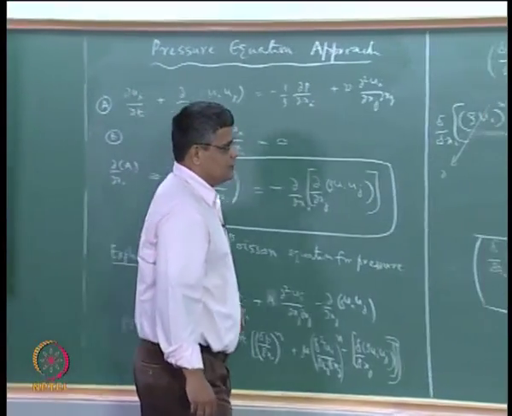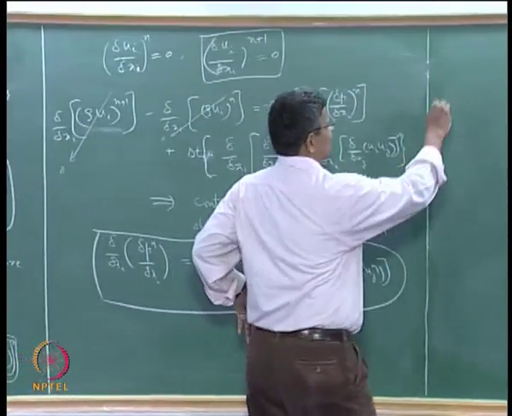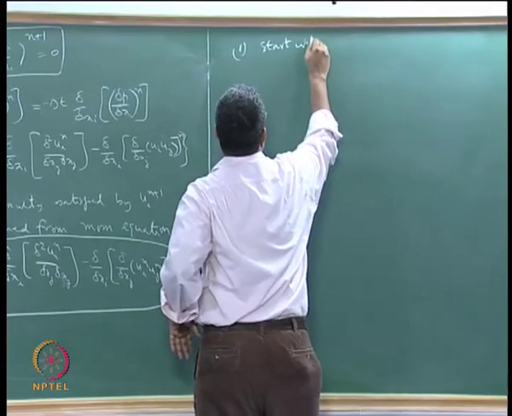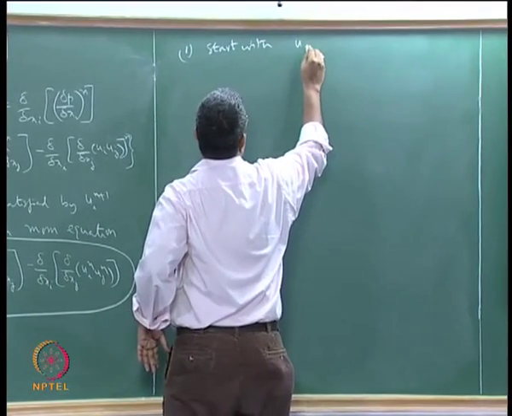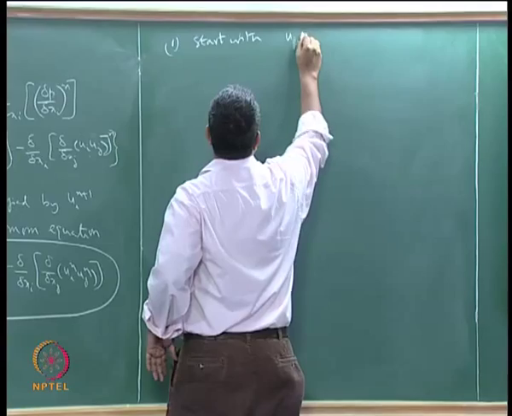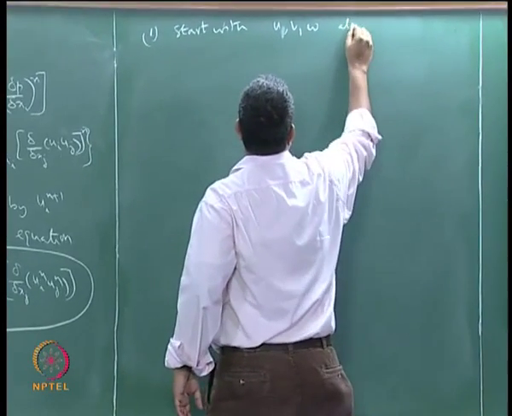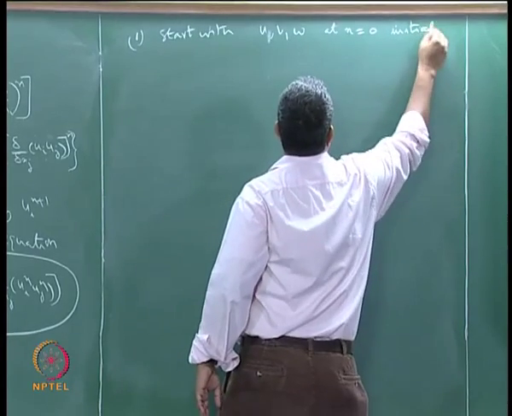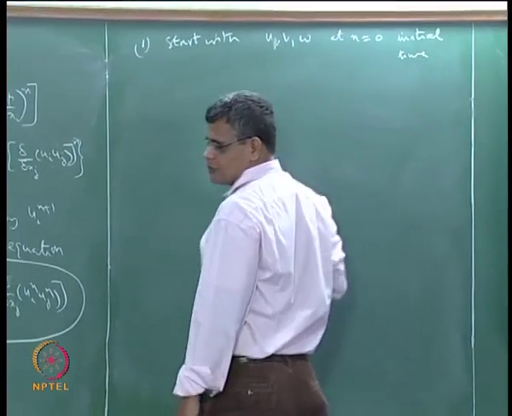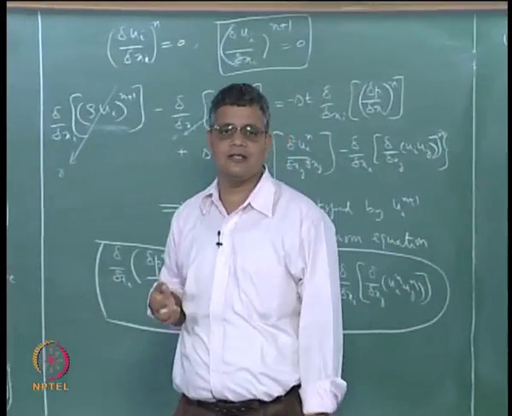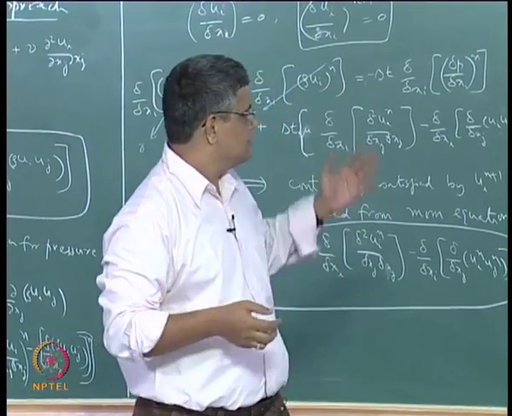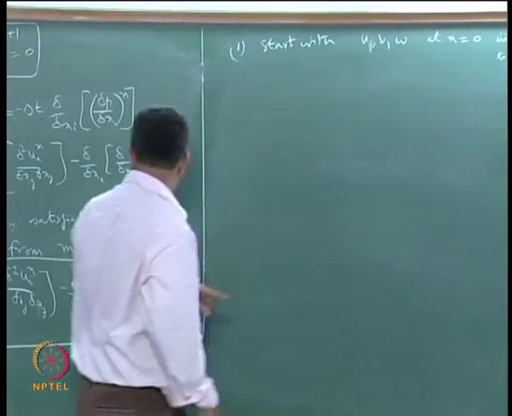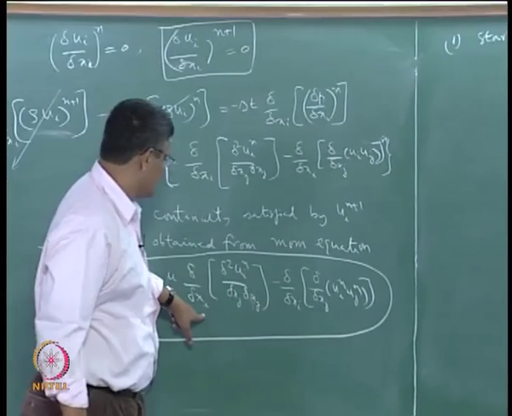So we start with ui. So for example uvw at n equal to 0, this is the initial time, that is part of the specification of the boundary and initial conditions. So that is known. Once this is known, we use that to evaluate the right hand side.